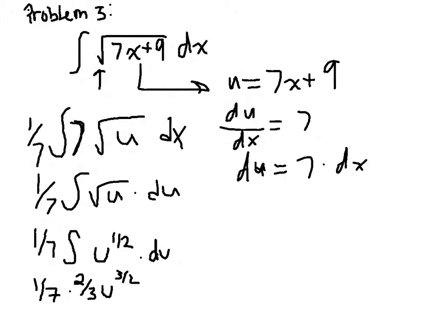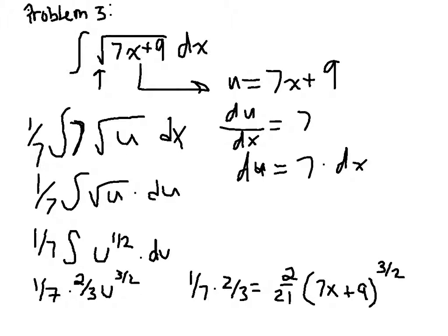And now we're just going to plug our u, 7x plus 9, back into our function. So we're going to multiply 1/7 times 2/3, which equals 2/21, times u, which is 7x plus 9, all to the power of 3/2.